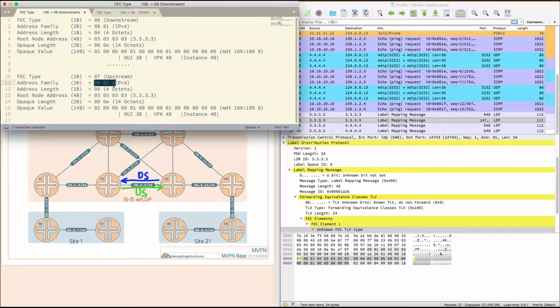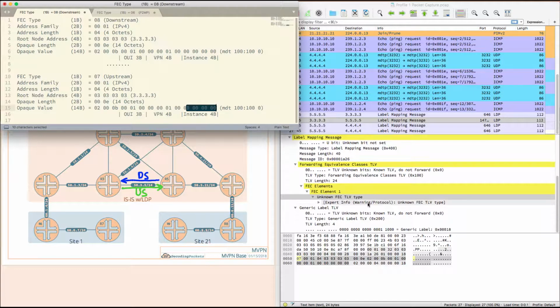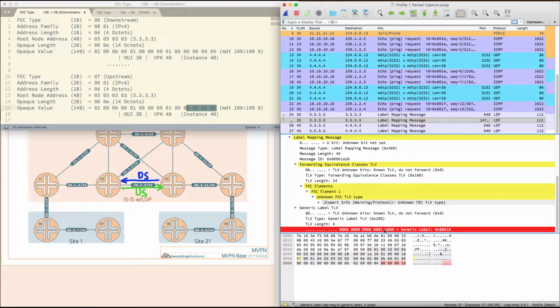Once again, there's the address family, the address length, and the actual address, which is 3333. The opaque length, which is 14 octets, deciphered as 11 octets in iOS for some reason. Once again, this is MDT. The OUI is 100. The VPN is also 100, so 100:100. And the instance, as we know by now for default MDT, is going to be 0. Finally, there is a label that is going to be associated with this FEC.